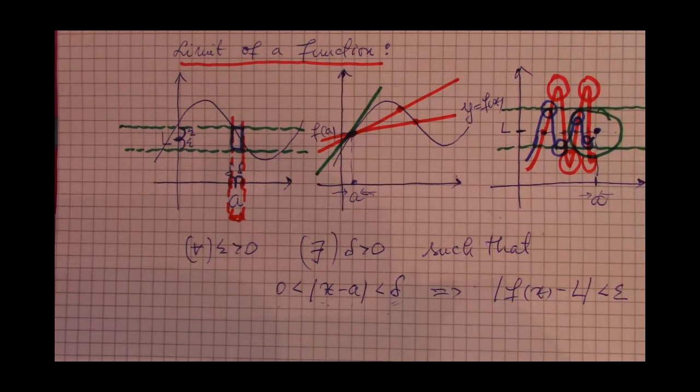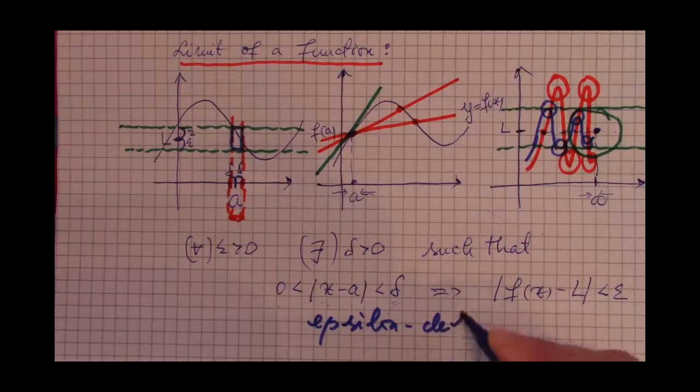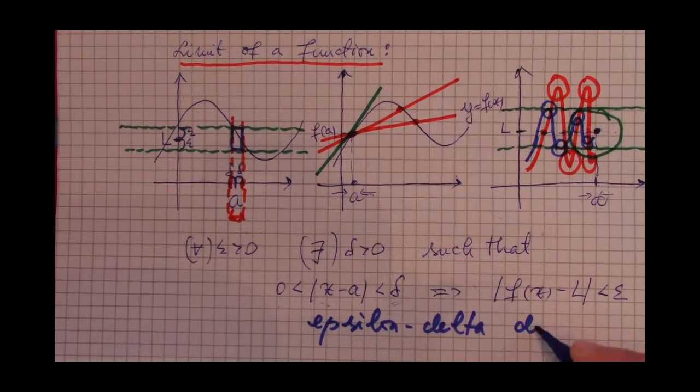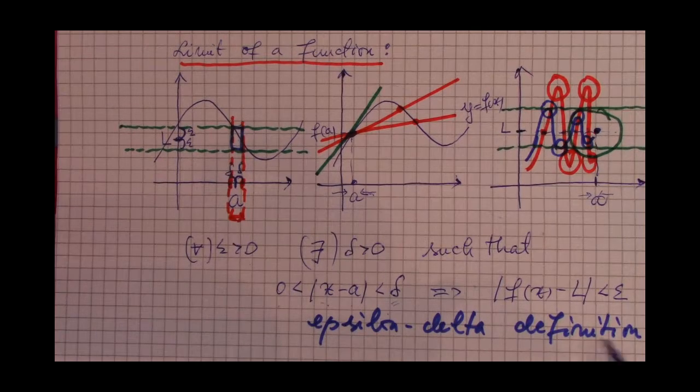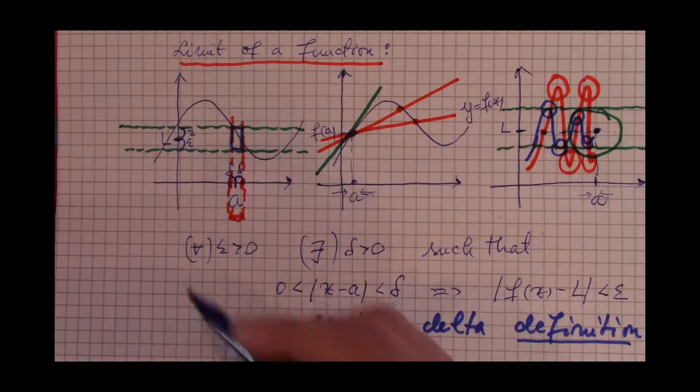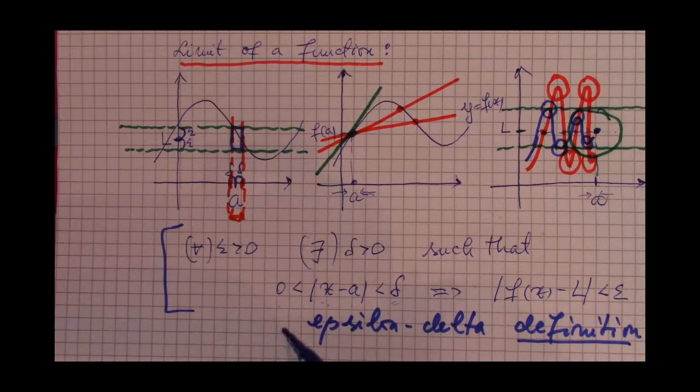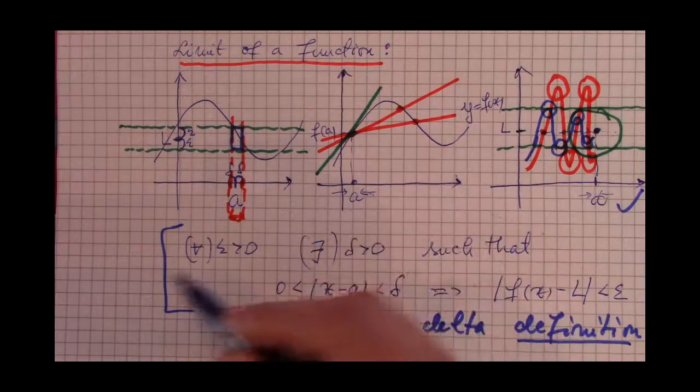All right, so this is the epsilon-delta definition. All right, so this is just a definition. All we need to do is make sure we understand it at the intuitive level, and at the math level.